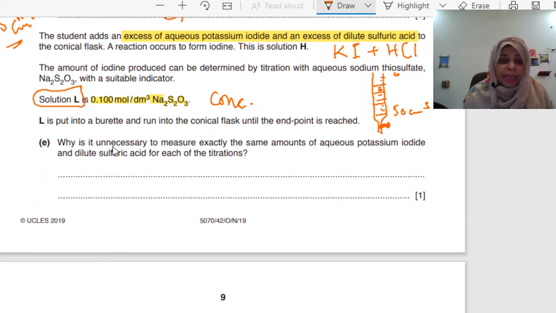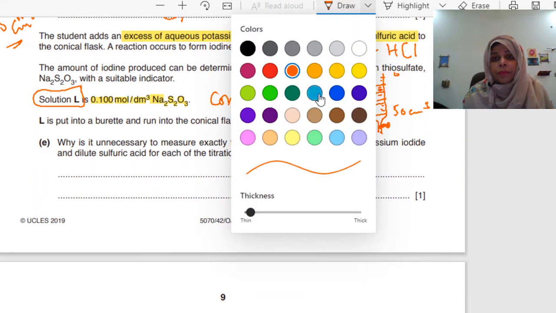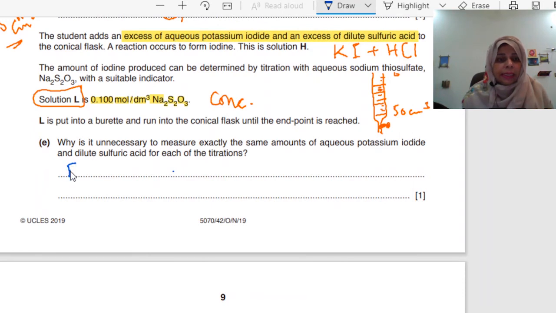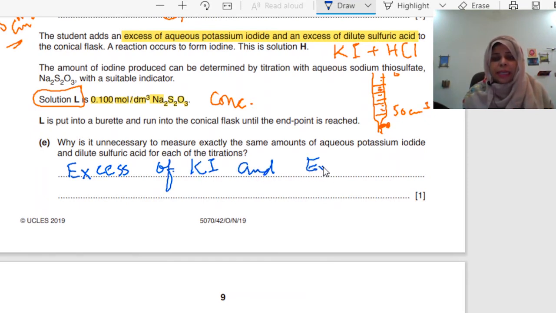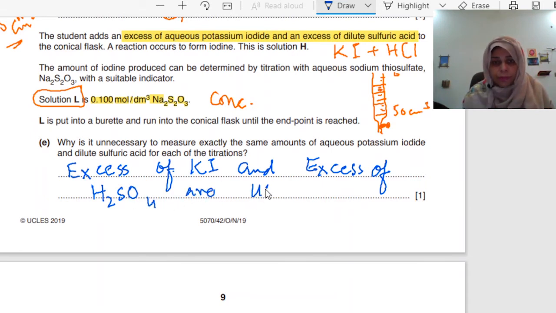Because of the presence of excess potassium iodide and excess sulfuric acid, they are used.